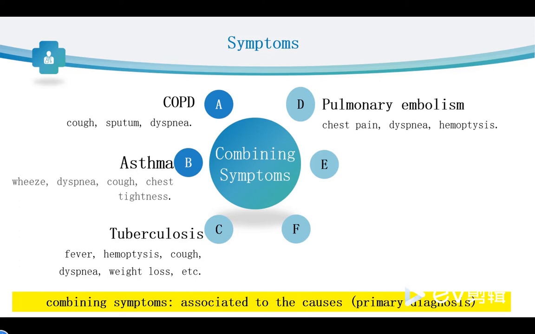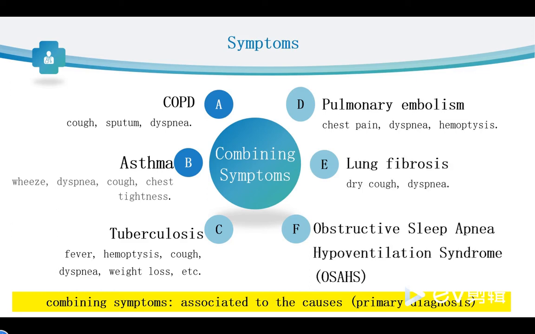Once there is pulmonary embolism with acute cor pulmonale, the patients are likely to get chest pain, dyspnea, hemoptysis, and other symptoms with right heart failure. So, the second group of symptoms is associated with the causes, and we need to identify them, which can suggest the primary pulmonary or thoracic disease for the patient.